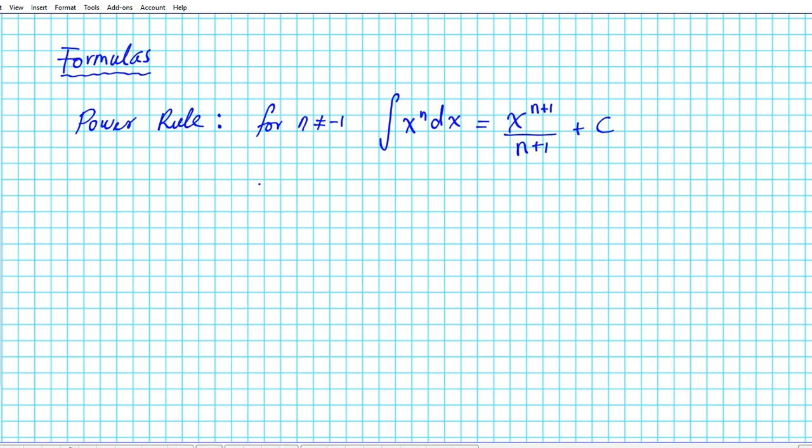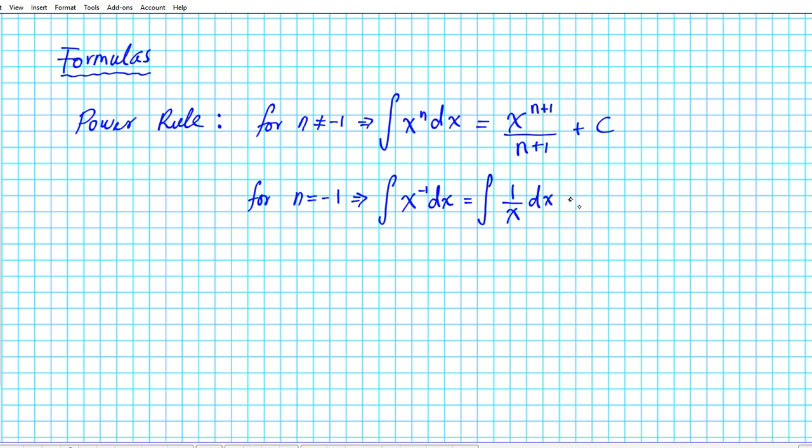And then the next case is for when n is equal to -1. If you have a term and the power is -1, you cannot apply this formula here. There's a special formula for that. For n equals -1, the indefinite integral can be written as x to the -1 dx, and applying the reciprocal property of exponents, this can also be written as the integral of 1 over x dx.